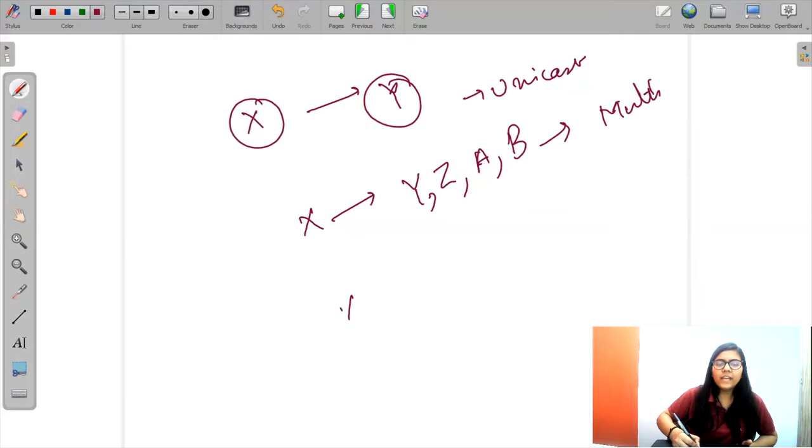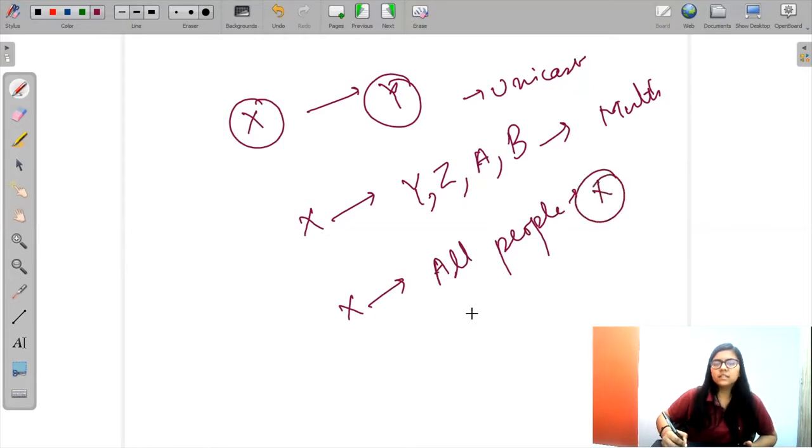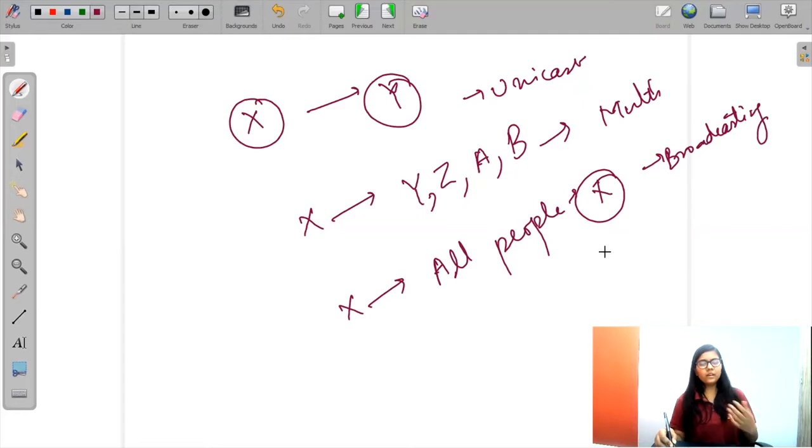But if X is sending a message to all the people who are in the contact list of X, then it will be broadcasting, right? So similarly, physical addressing is of three types: unicasting, broadcasting, and multicasting.